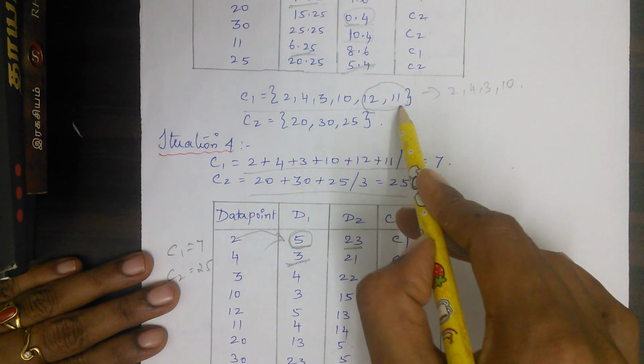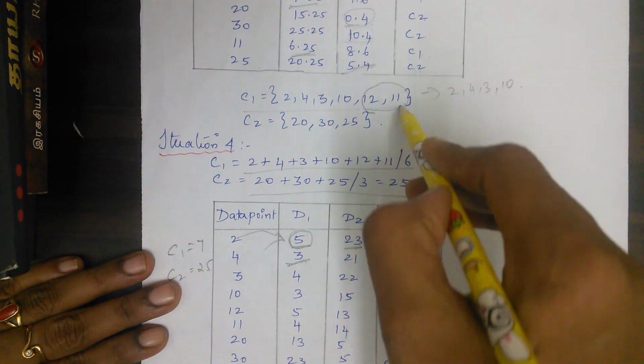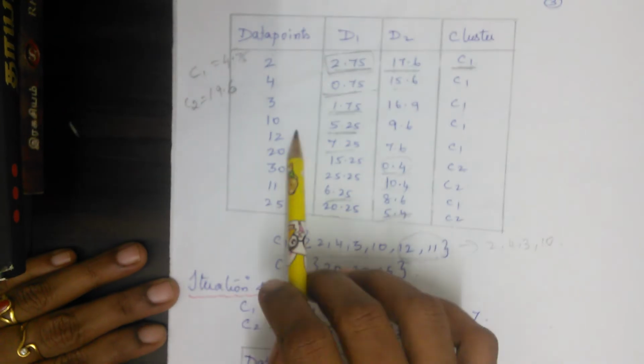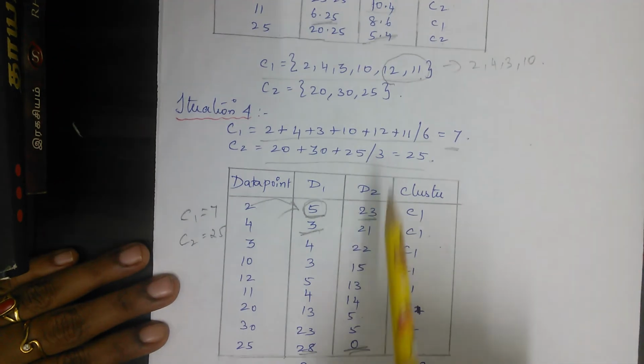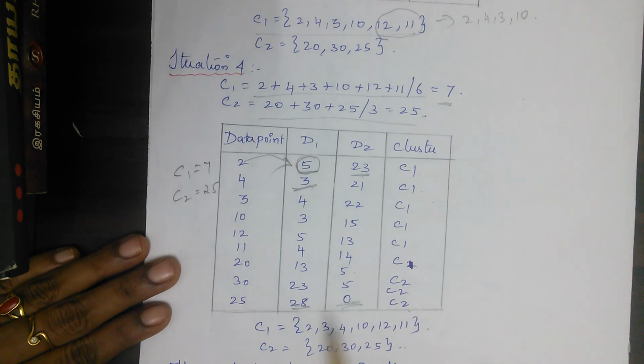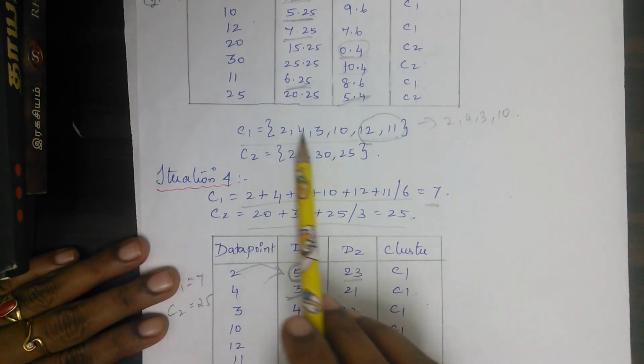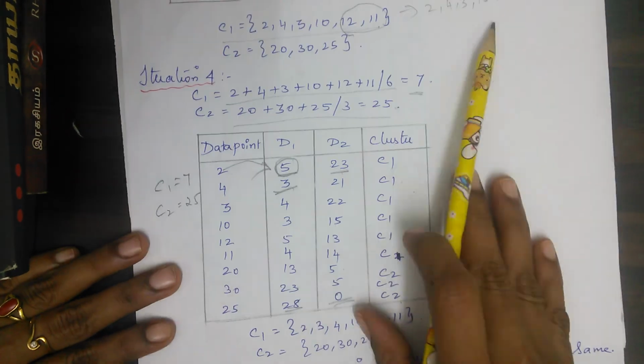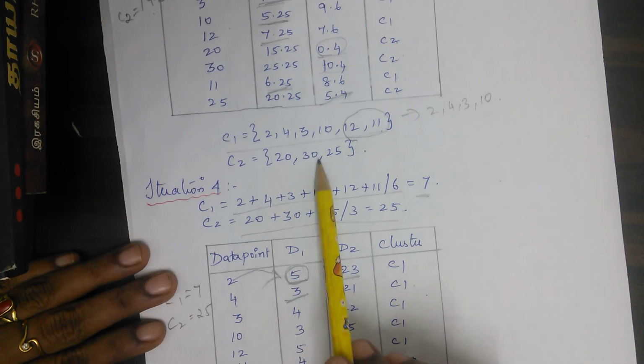So now my problem is going to terminate, because in both iteration 3 and iteration 4 I am getting the same clusters. C1 is 2, 3, 4, 10, 12, 11, and here also 2, 4, 3, 10, 12, 11, and C2 is 20, 30, 25, and in my third iteration also 20, 30, 25.